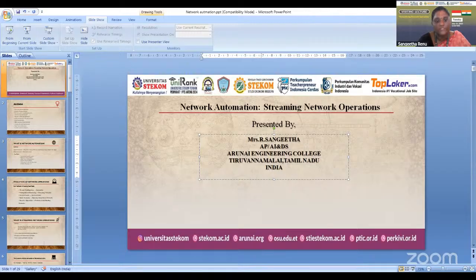The key points are automated configuration, reduced manual effort, policy-driven operations, closed-loop feedback, integration with DevOps tools, and scalable management. The definition: network automation is the use of software, scripts, and programmable systems to perform network tasks such as configuration, monitoring, provisioning, and troubleshooting with minimal human intervention.